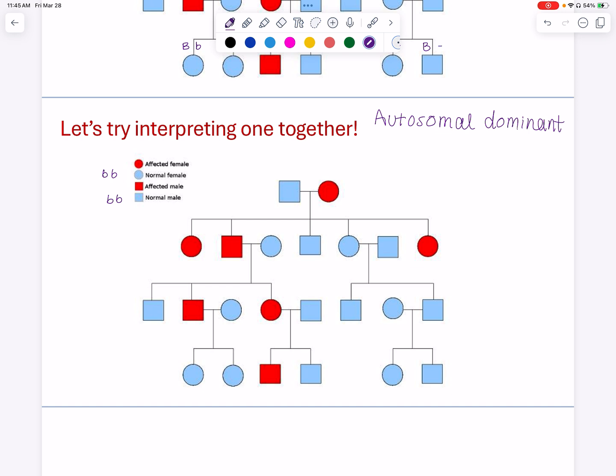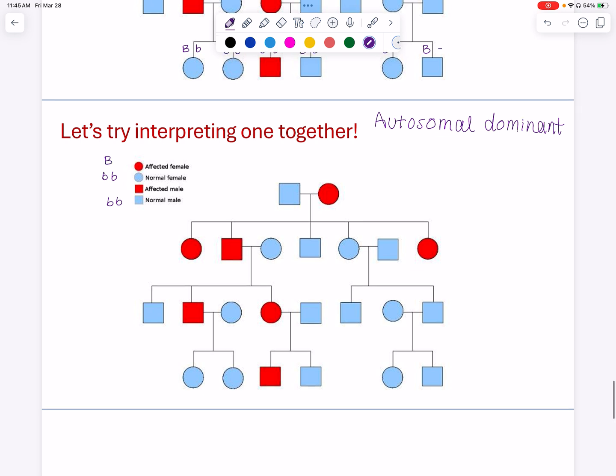And then our affected females will be big B dash, and our affected males will be big B dash, because it doesn't matter if they are homozygous or heterozygous, if they have at least one copy of the allele, they are going to be expressing the trait. And so if we go through and we look at our first generation male, they are normal, thus they've got to be little b, little b.